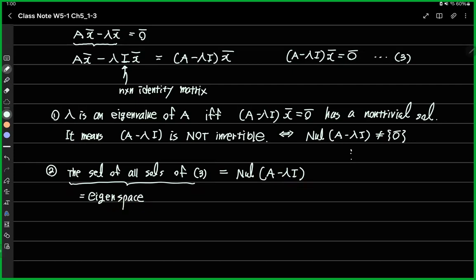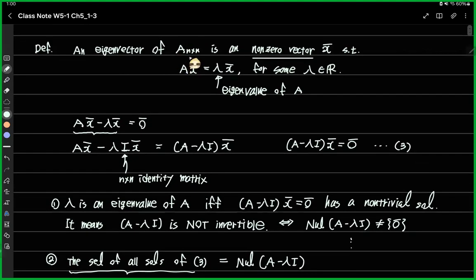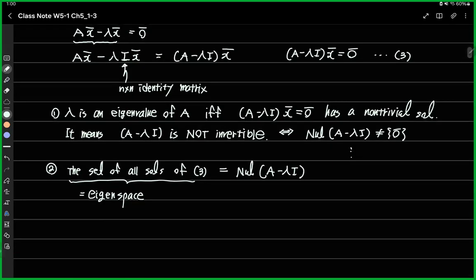Here we assume that A is an n by n matrix, so A minus lambda I is also an n by n matrix, and x bar is an n by 1 column vector.